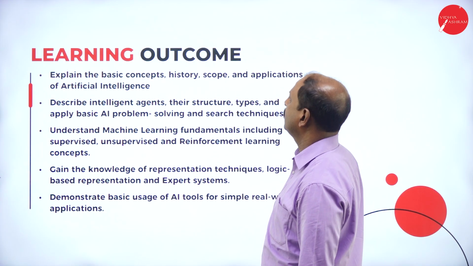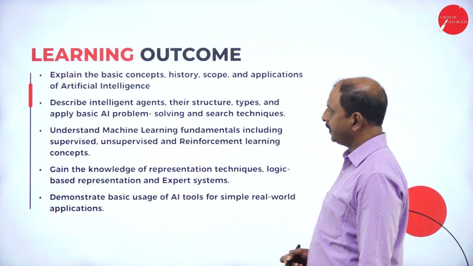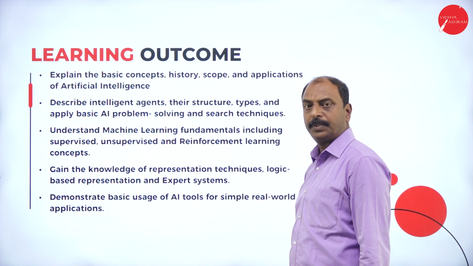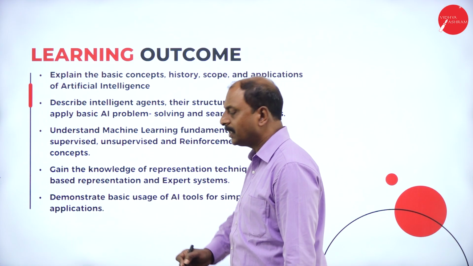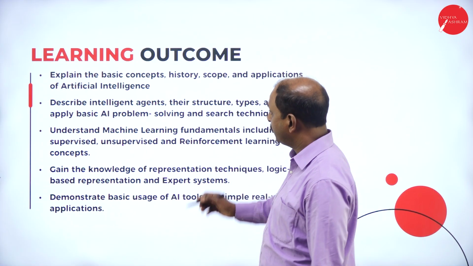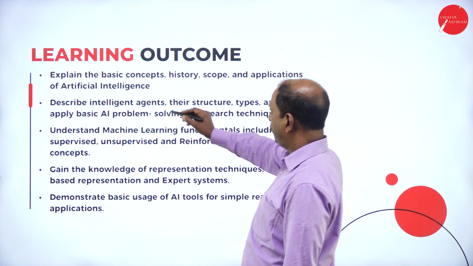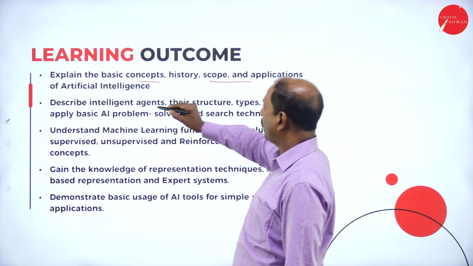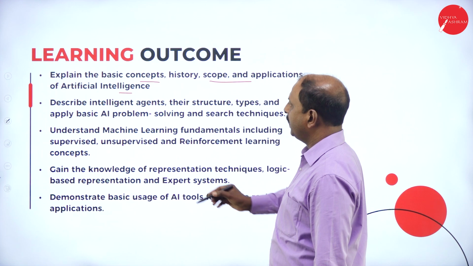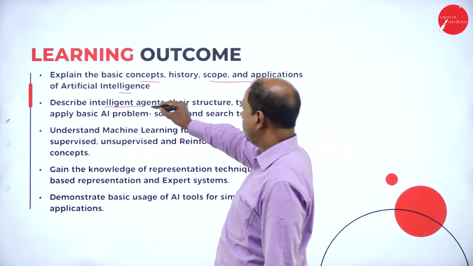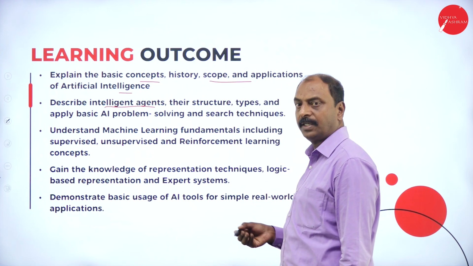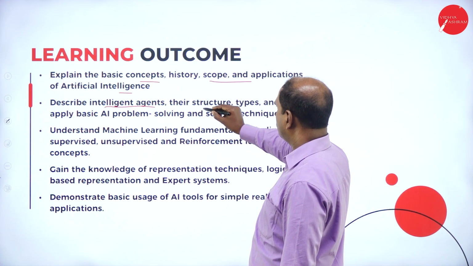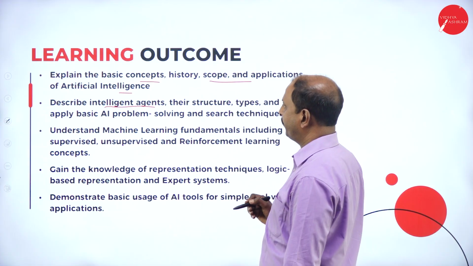Let us start with the learning outcome. At the end of this course, the students must be in a position to answer all the things, or be aware of these concepts: the basic concept, history and scope of AI and intelligent agents. They must be able to explain or describe what intelligent agents are, and the structure and types of agents.